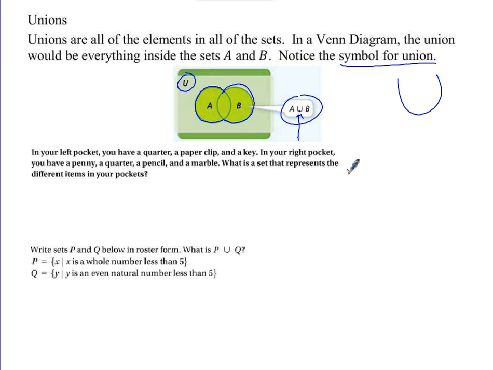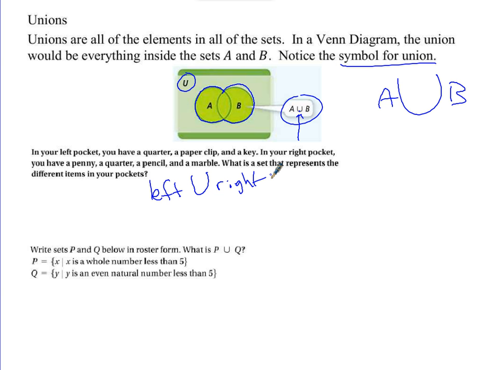So I can write up here, by the way, that would be A union B. You don't have to make your U that big, but it needs to be bigger. Down here, I'm talking about the left pocket union with the right pocket. So I'm just taking everything that's in the left pocket and everything that's in the right pocket, and I'm dumping them out on the table, and I'm saying, what do I got?